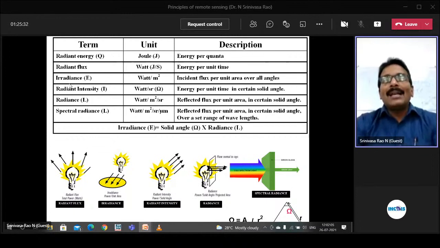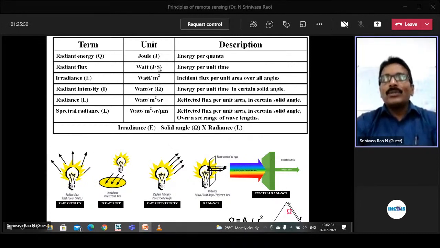Now the irradiance, whose symbol is E. Irradiance has the unit watt per meter square. In place of watt, you could put joule per second per meter square. Meter square is the unit for area.